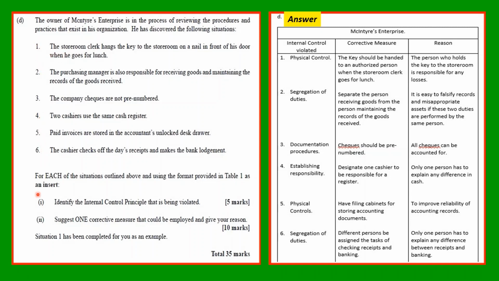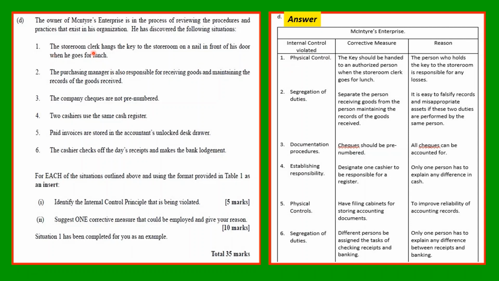We are asked, for each of the situations outlined above and using the format provided in Table 1 as an insert, to identify the internal control that is being violated and suggest one corrective measure that could be employed and give your reason. Okay, 10 marks. Situation 1 has been completed for you as an example. Okay, we have the answer over on the side here. We'll go through them one by one.